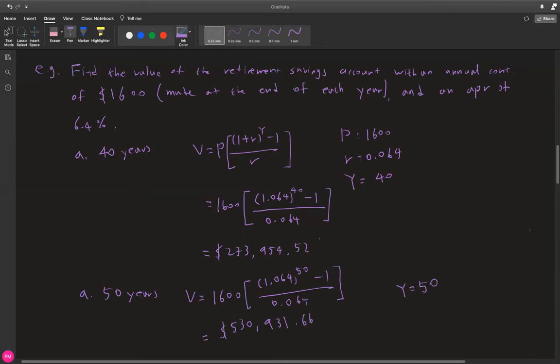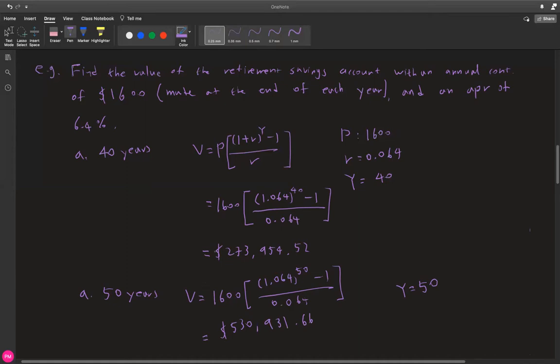So do you actually see the difference between these two? You waited 40 years to take this much out. So you contributed for 40 years and your account matured up to $273,000.